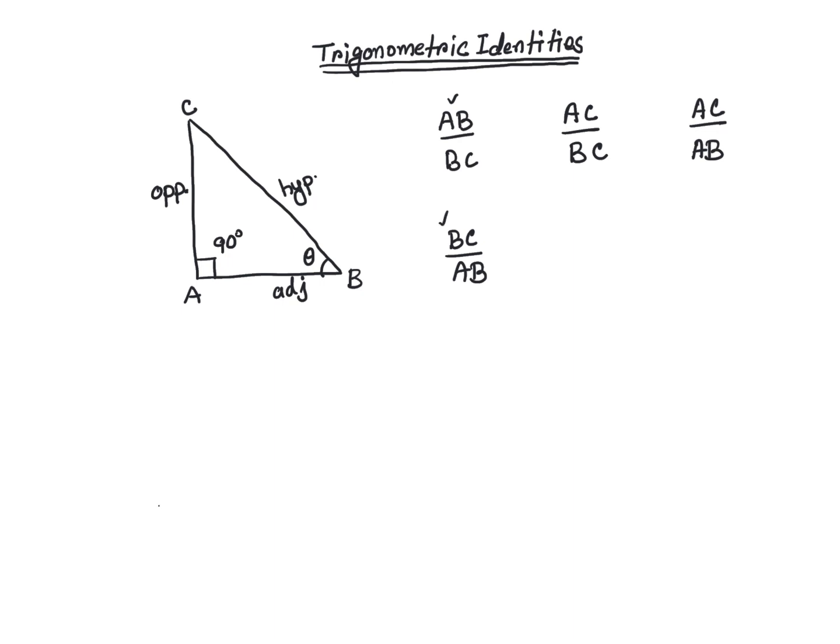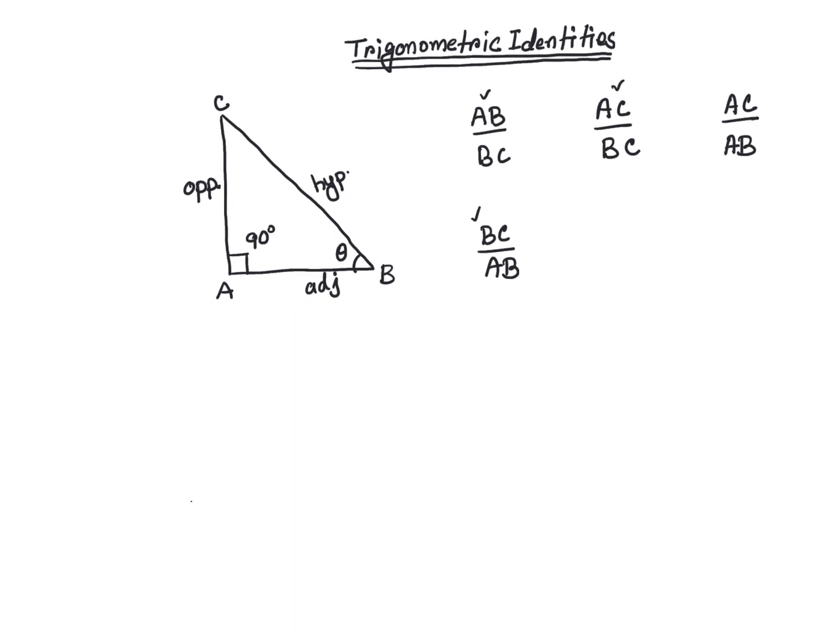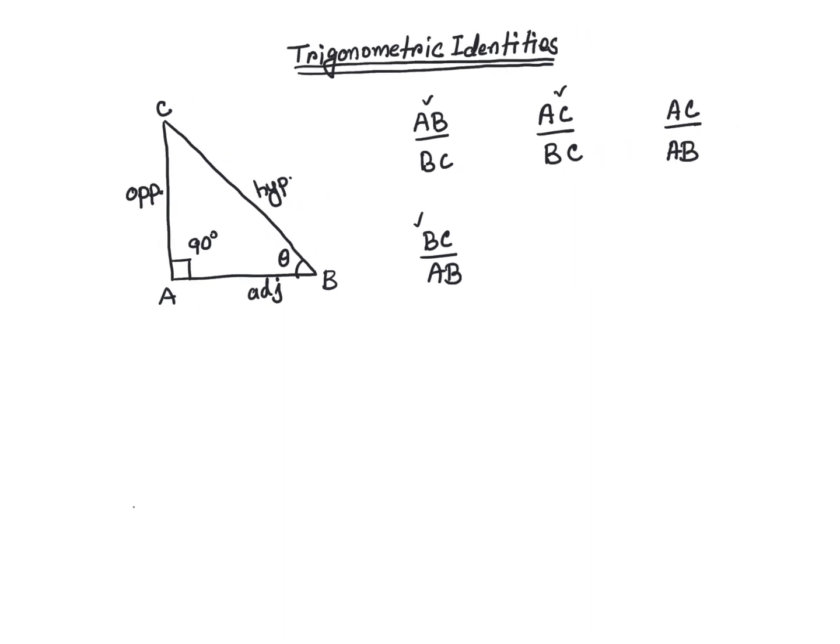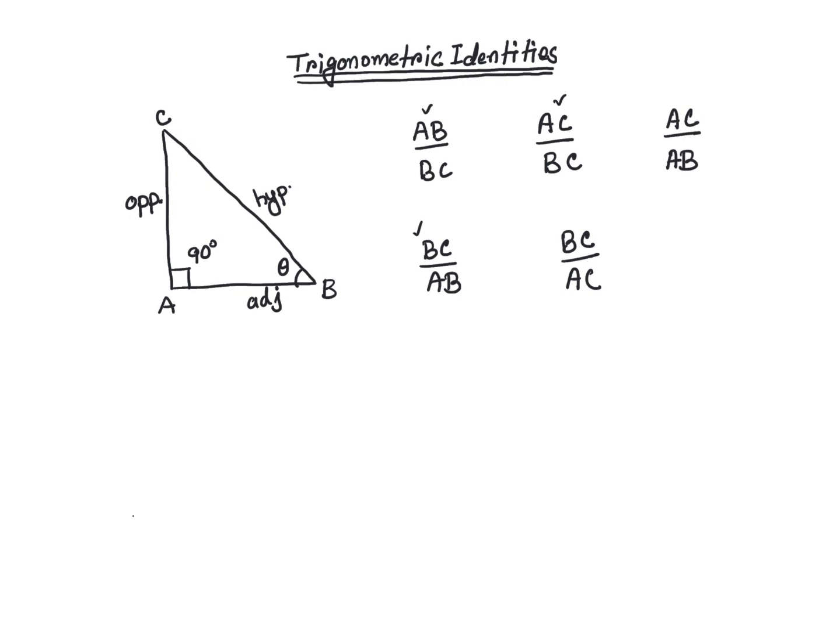Now here I have BC divided by AB. Now I'm going to take the reciprocal of this as well, or flip it. So it's going to be BC over AC, and then similarly AB over AC.